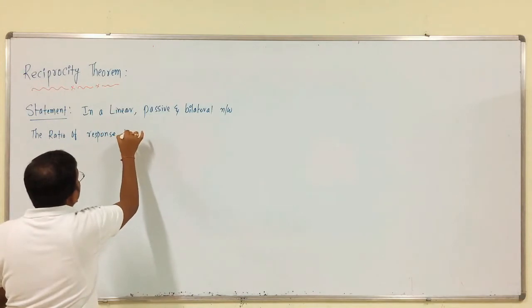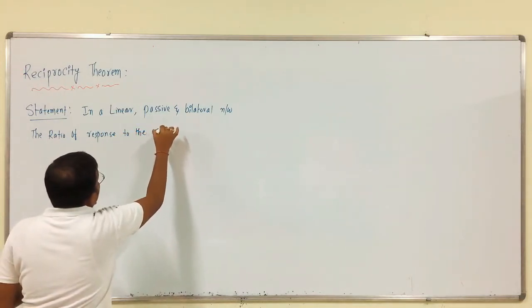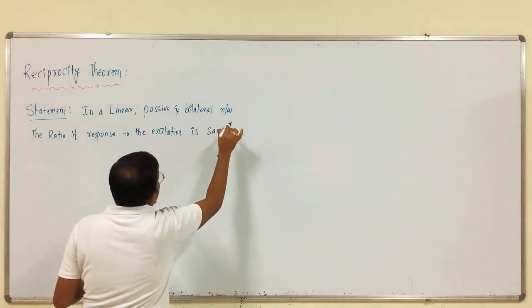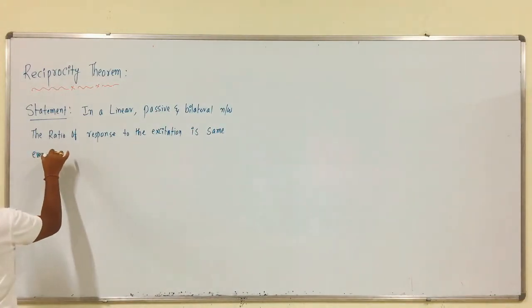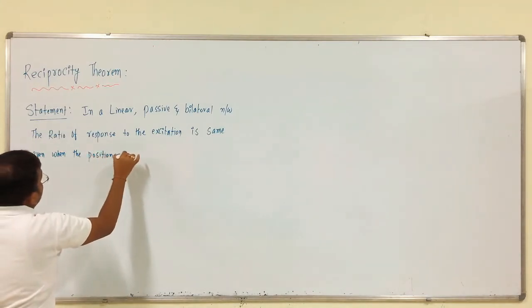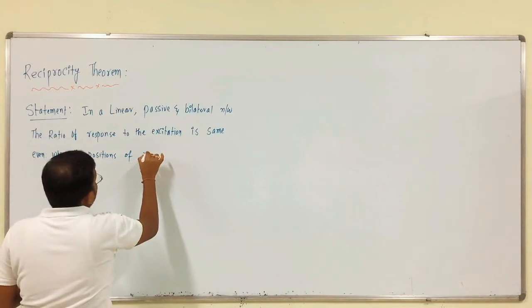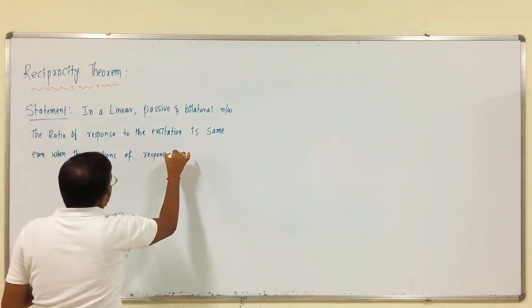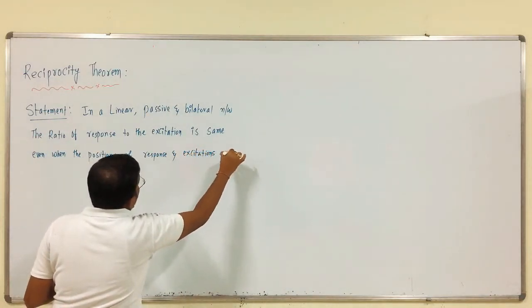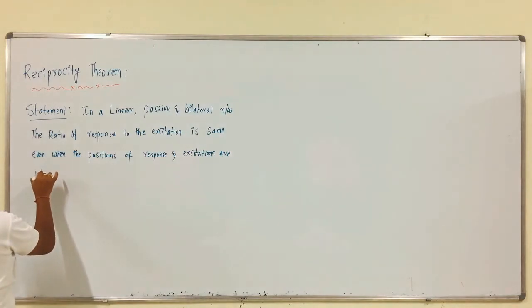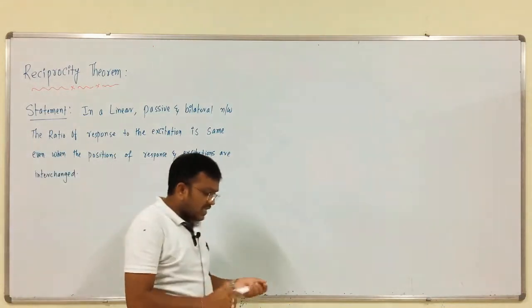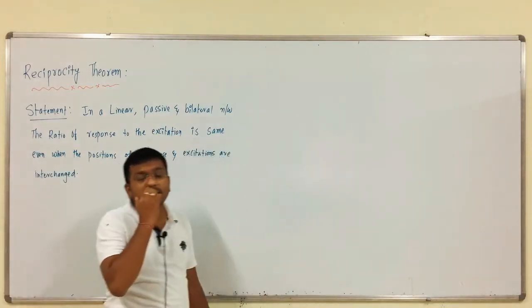The ratio of response to the excitation is same even when the positions of response and excitations are interchanged. So, the ratio of response to the excitation should be equal from first case to the second case.